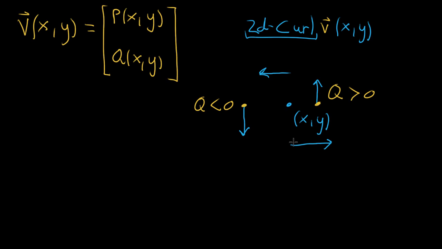And then these bottom guys, if you start thinking about what this means, you'd have a rightward vector below and a leftward vector above. The one below it, whatever point you're evaluating that at, P, which gives us the left-right component of these vectors, since it's the first component of the output, would have to be positive. And then above it here, when you evaluate P at that point, it would have to be negative. Whereas P, if you did it on the left and right points, would be equal to 0 because there's kind of no x component.